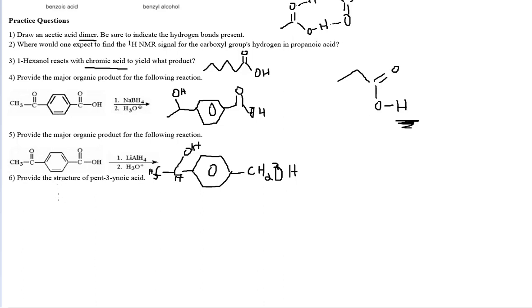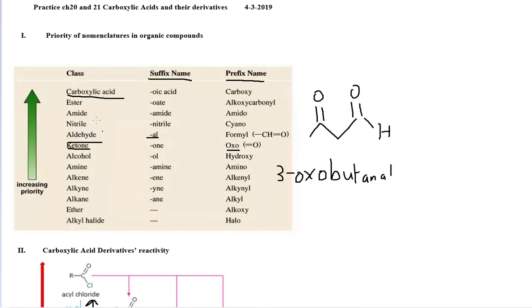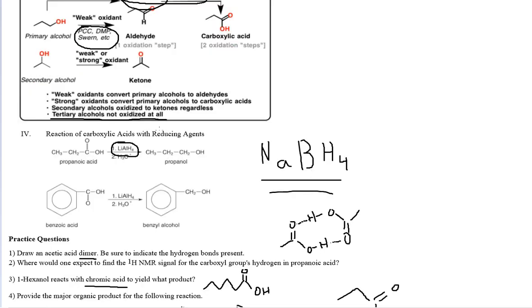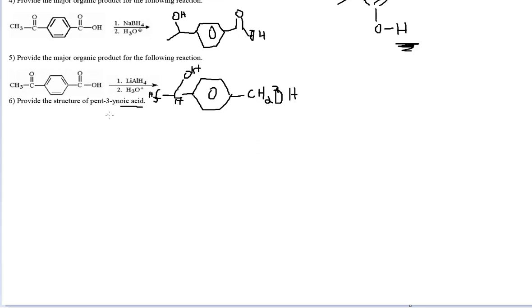Okay, and the next one is a naming exercise, or I guess drawing from a name. We have pent-3-ynoic acid. Well, we can see which has the highest priority: the oic acid, which we already know because carboxylic acids are at the top. And the yn means we have a triple bond. So let's start by drawing our primary functional group here. This is carbon 1.